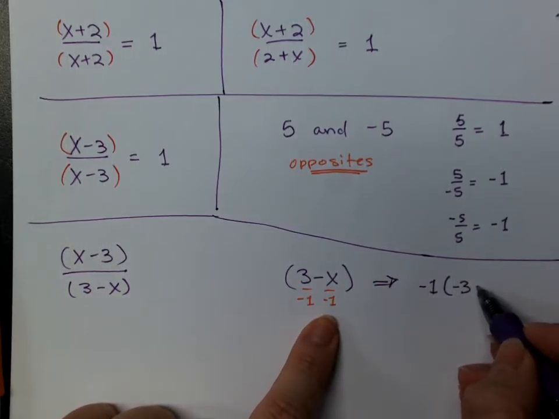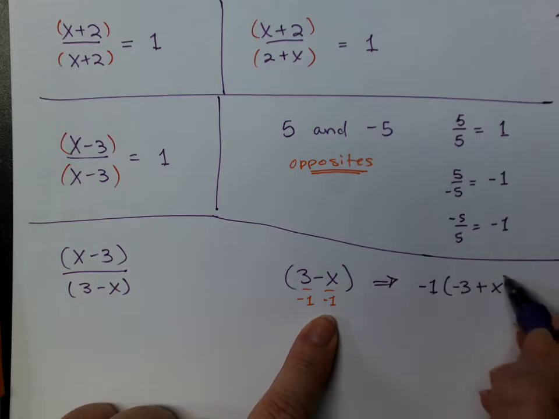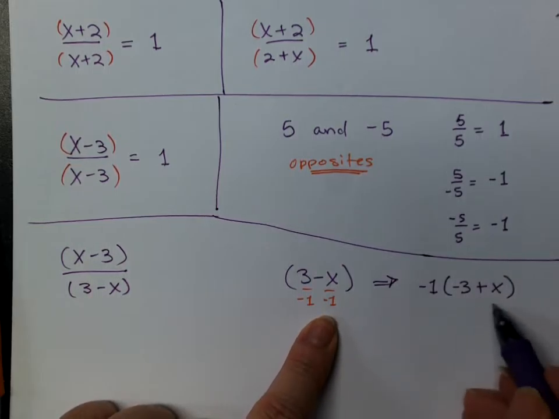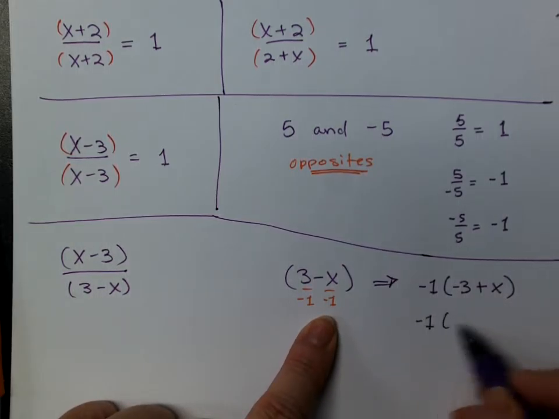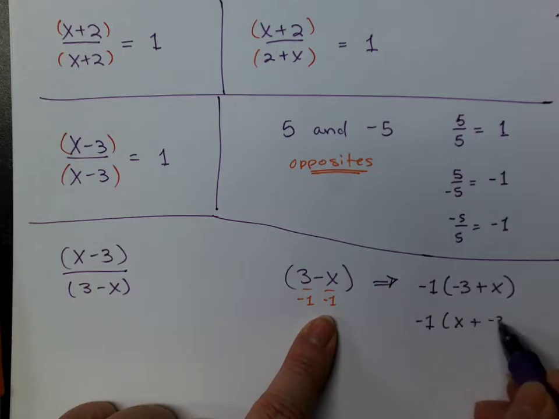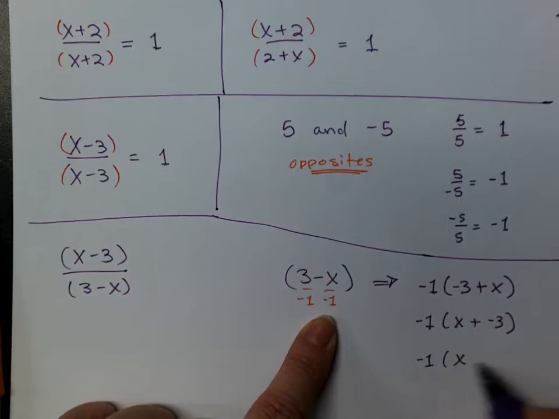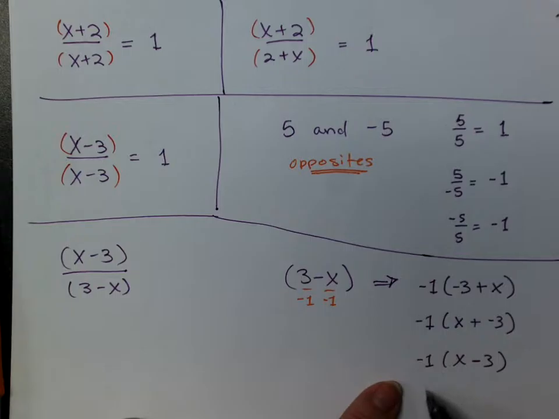Plus x. Okay? Now it's addition, so I'm going to turn it around. I can do x plus negative 3. And plus a negative is the same thing as minus. And I don't need that 1 in front, but I can't get rid of the negative sign. That's the same thing as negative x minus 3.